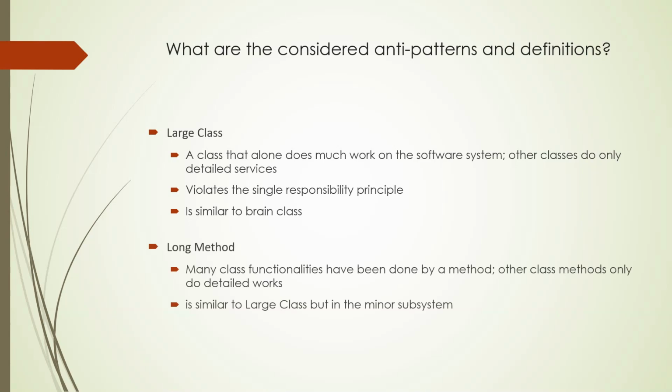Long method is another anti-pattern and is similar to large class, but at a minor subsystem level. In this anti-pattern, many class functionalities are done by one method, and other class methods only do detailed work.